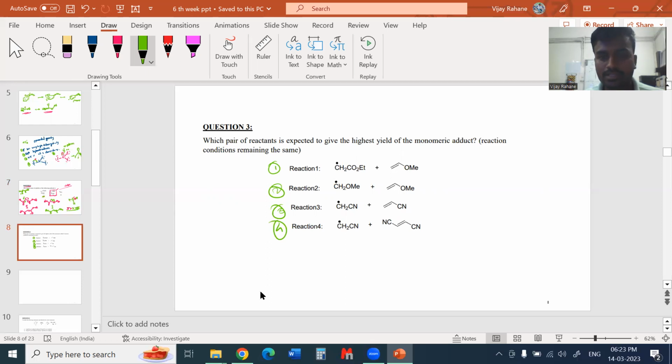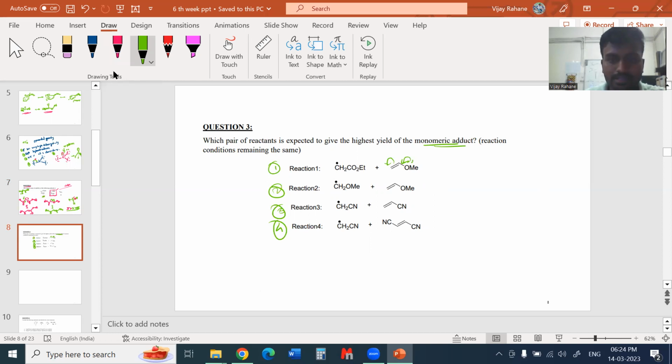We need to select which pair of reactants is expected to give the highest yield of monomeric adduct. So if you see the polarization in these structures, in the first one, the lone pair of electrons will be, it is not here, and here will be. So the delta positive charge will lie.